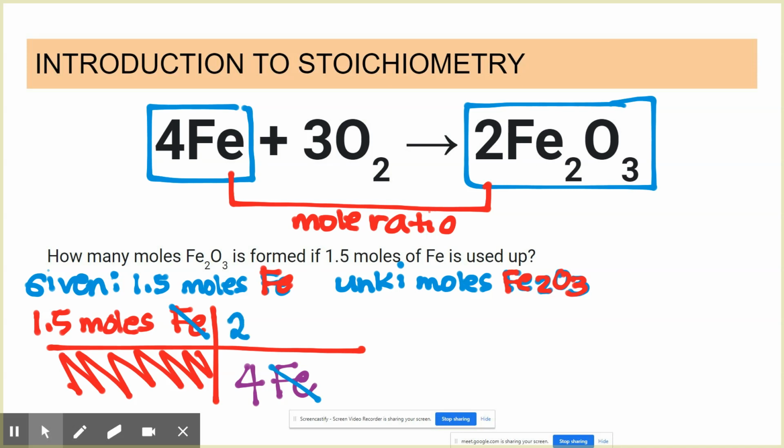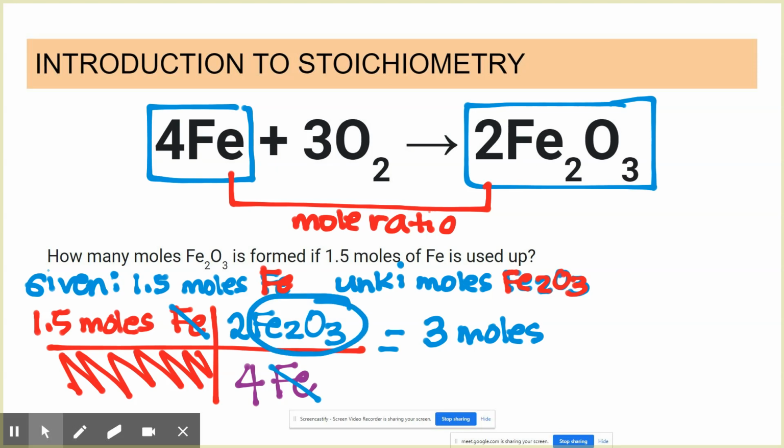All right. So what's going to be on the top? It's going to be the 2 Fe2O3. All right. Now look closely. I multiply the numbers 1.5 times 2. That gives me 3. And then I need to write down whatever words are left behind. So if you look closely, moles is left. So I need to write down moles first. And then on the top, Fe2O3, the compound itself, is left behind. So I need to write that down.